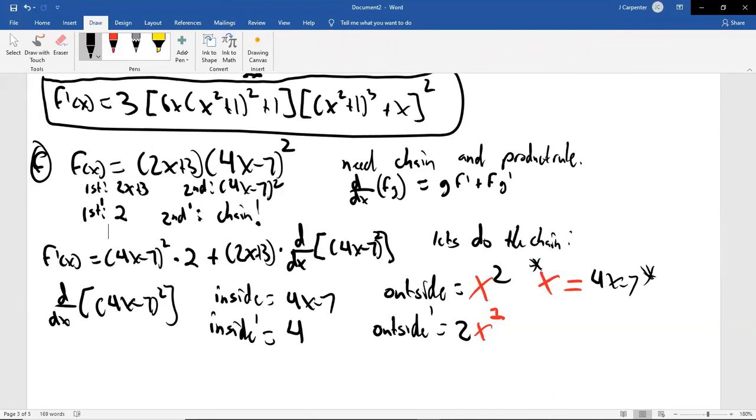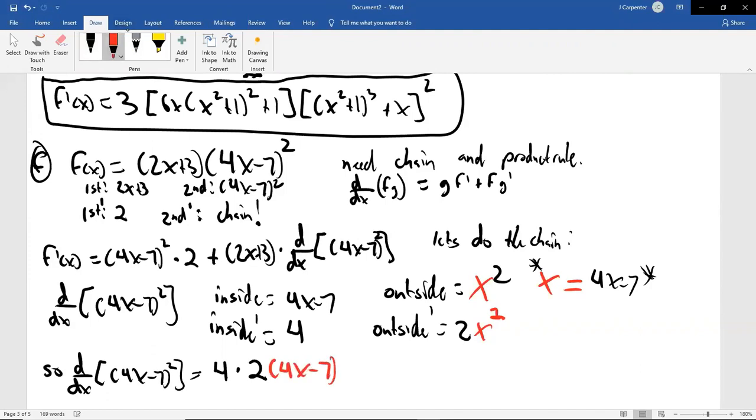So that 2x plus 3 that was in parentheses times the derivative, we can now do the derivative. This derivative would be the derivative of the inside times the derivative of the outside. So the derivative of the 4x minus 7 all squared is the derivative of the inside, which is the 4 right here, times the derivative of the outside, which is 2x, but don't write x, write the inside, which was 4x minus 7.